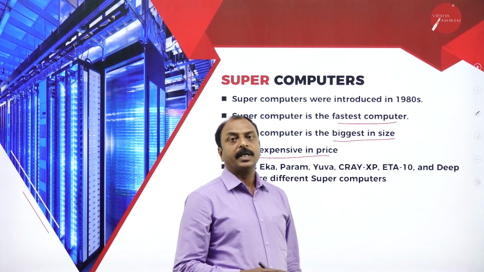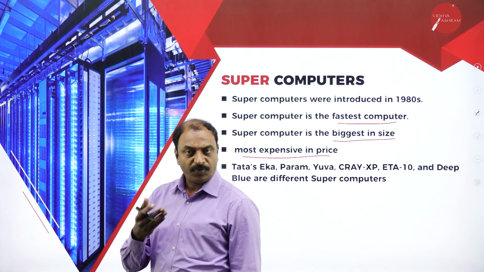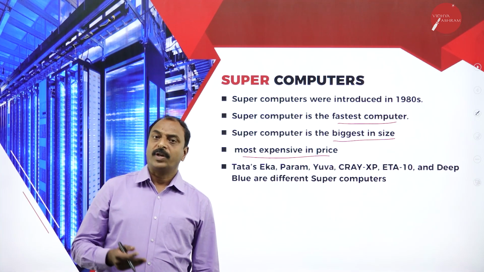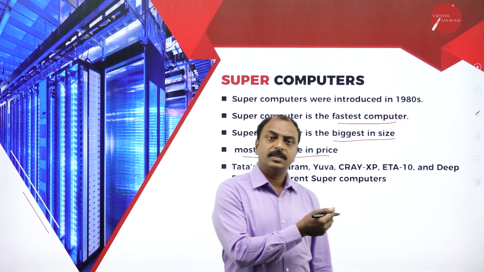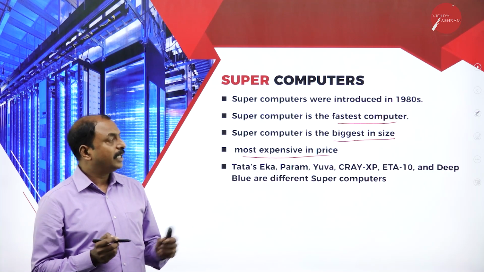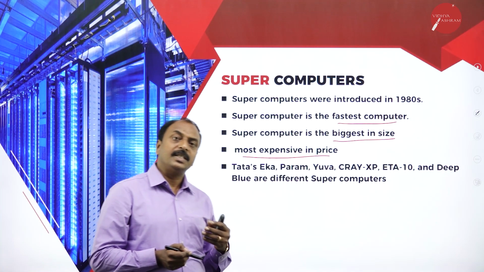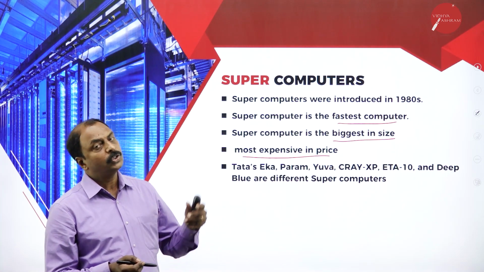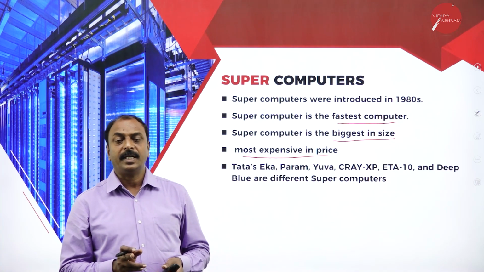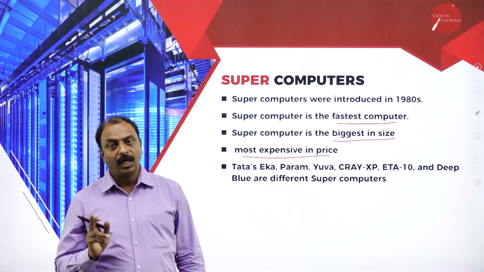If you talk about the classification of computer systems, it is based on configuration, performance and size. There are 4 types, from micro to supercomputers. From micro to supercomputers, in every classification the performance and speed are increasing, and at the same time the size of the computer is also increasing.